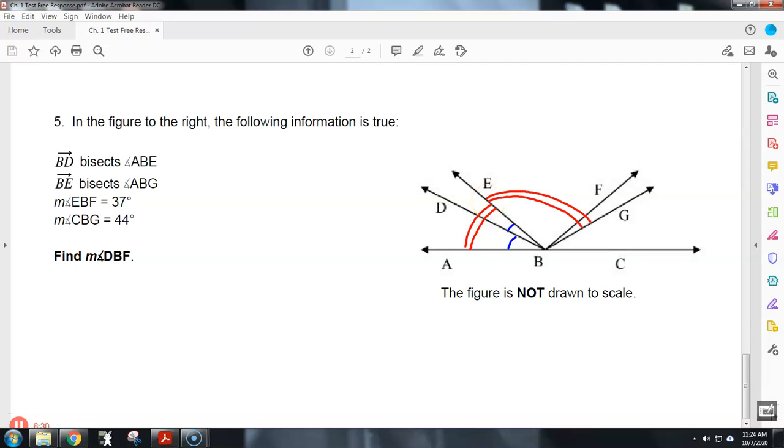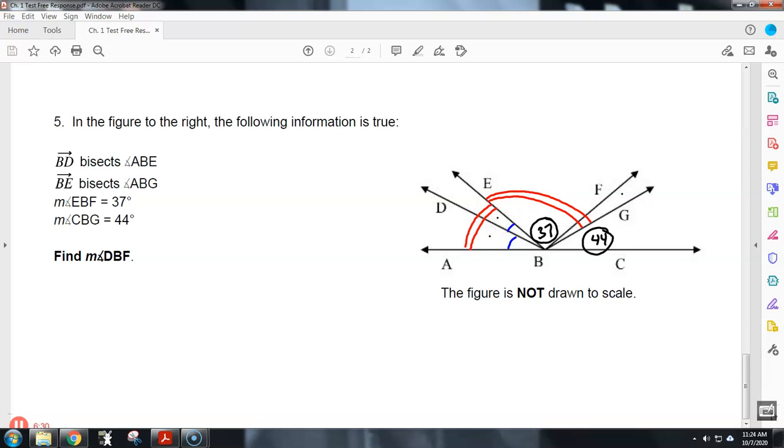And then they give me a couple angles. They tell me that EBF is 37. So this slice right here is 37. CBG is 44. So I have some missing pieces. 1, 2, 3 missing pieces I need to get.